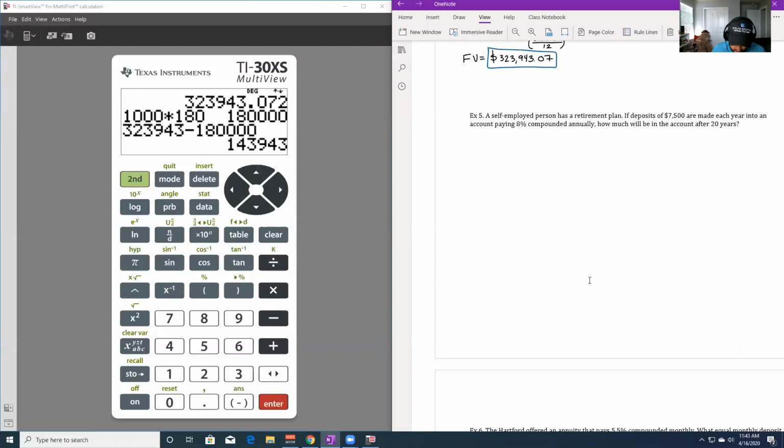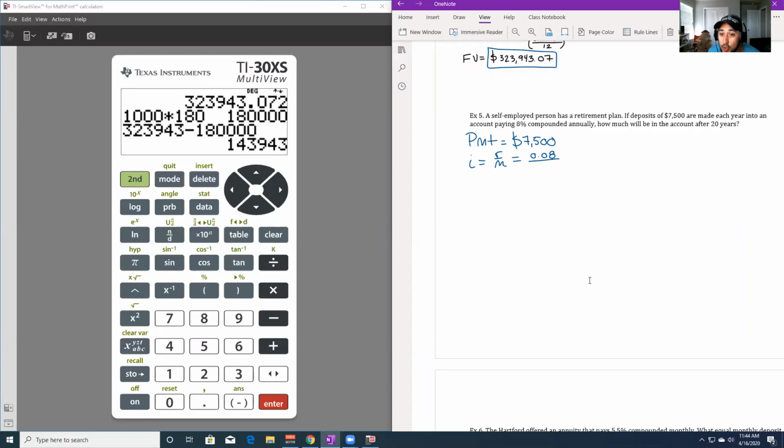All right. So what they're giving us first is the payment. They're giving us that we are depositing $7,500 each year. And then they're giving us I. Remember, I is rate over compoundings. So we are paying 8%, so 0.08 compounded annually.